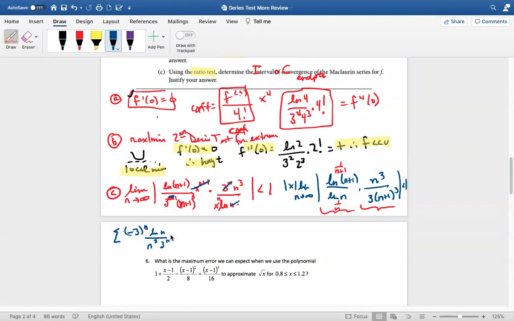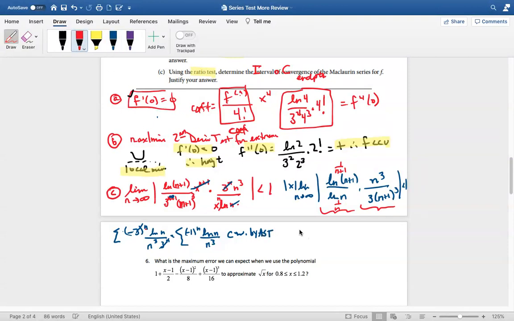This is going to be a sign alternator, it comes out front. The 3 to the n's are going to cancel out. ln of n over n cubed. Sign alternator, these things are positive. The denominator is getting much bigger, so it's getting much smaller. These are going to 0, so it converges by the alternating series test.